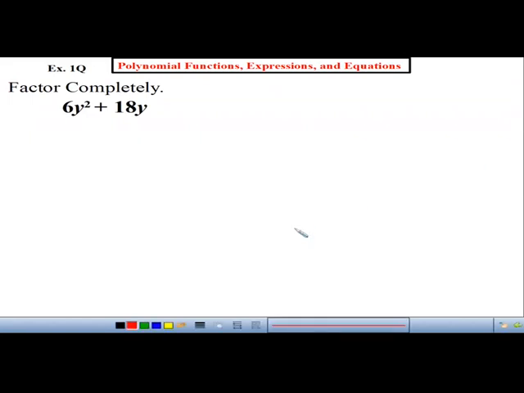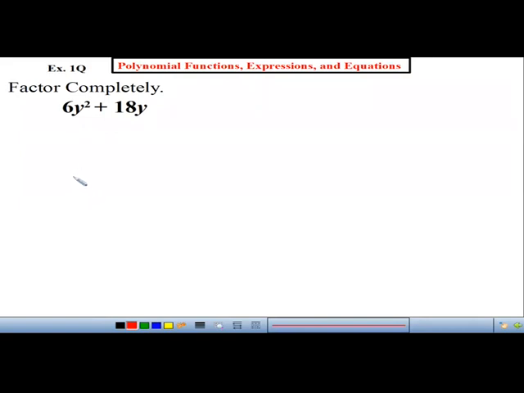Example 1Q, copy that. 6y squared plus 18y, and it says factor completely. Hurry up. All right. So let's do this one together. Is there a variable on each of the terms? Yes. Do they have at least one y for each term? Yes.